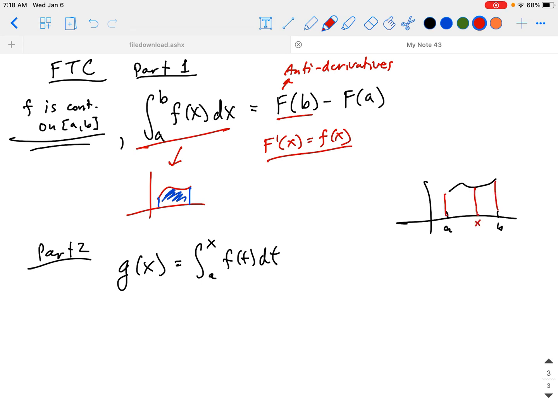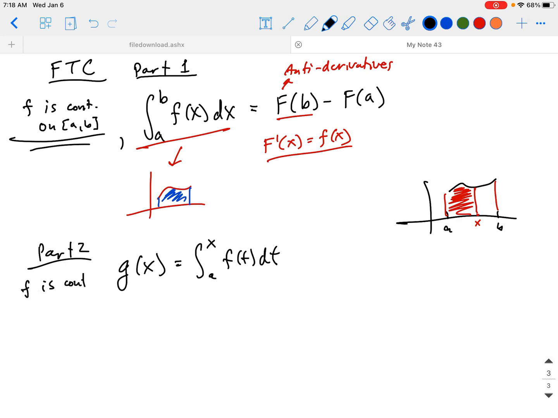So at any given point x, that's going to give me the areas. And because this is a continuous distribution of areas, so as x moves, there's an infinite number of areas that it's representing, all of which will be corresponding to each other, where any x value corresponds to one particular area value. This describes a function itself.